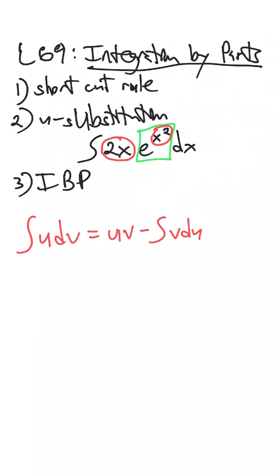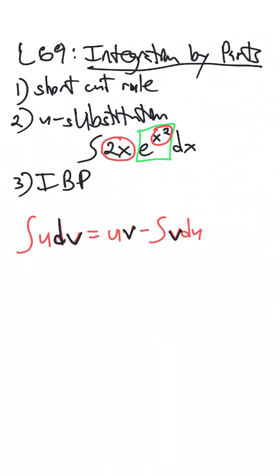Let me make the v's black since my v's and u's are not easy to tell apart. Everything else is in red. Got it? Indefinite integral of u dv equals uv minus indefinite integral of v du.